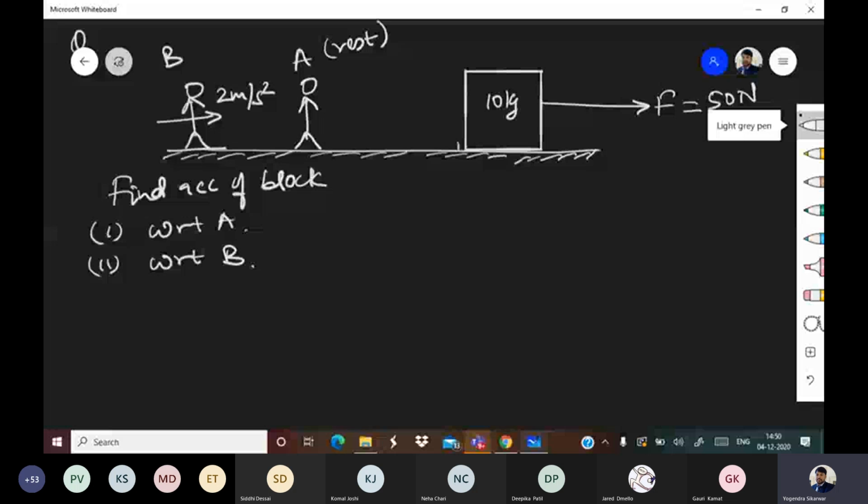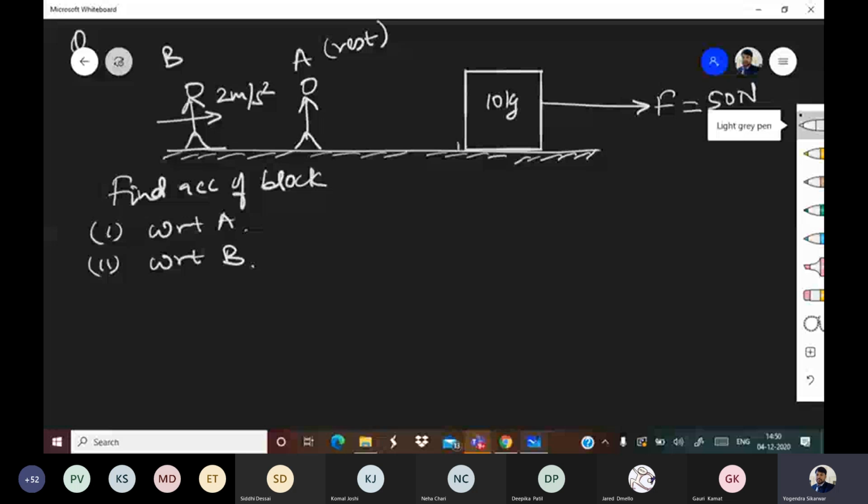Now with respect to B, if we talk with respect to B. So with respect to B, what we can see, everyone please pay attention. Now we need to apply one pseudo force. Why? Because B is accelerated frame.